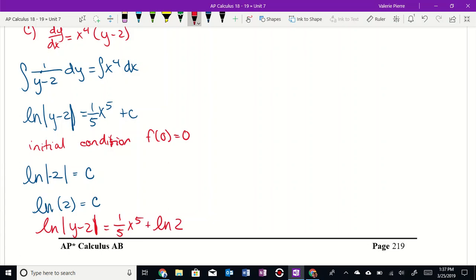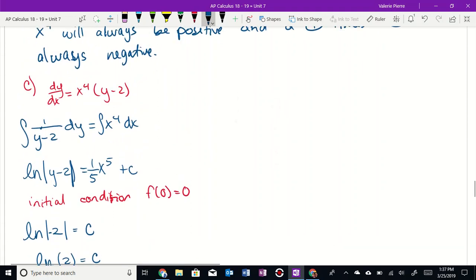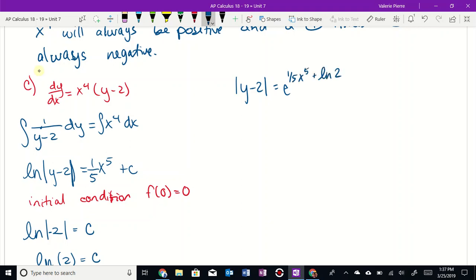And since it's asking us for a particular solution, we have to now take the e of both sides. The e and the ln will cancel each other out, and we'll be left with the absolute value of y minus 2 equals e to the 1/5 x to the fifth plus ln of 2.